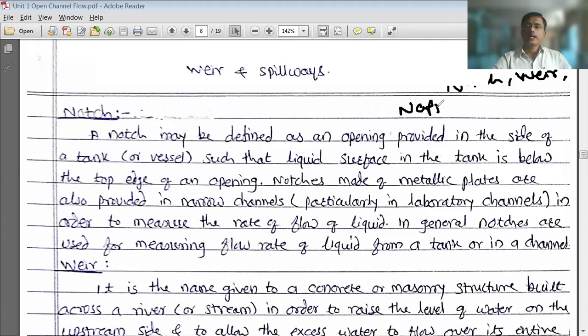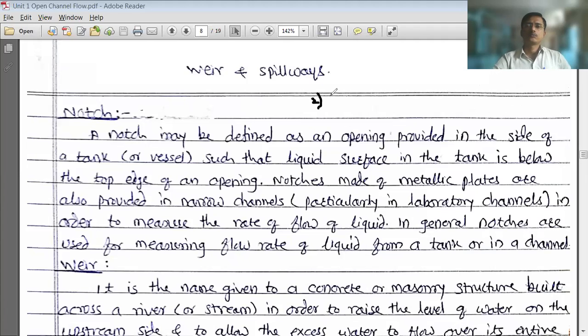Then nappe. Then crest. You can give the notation like A, B, C, D. Notch, weir, nappe, crest. This is question number 1.